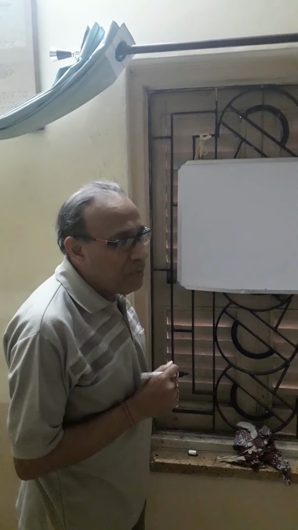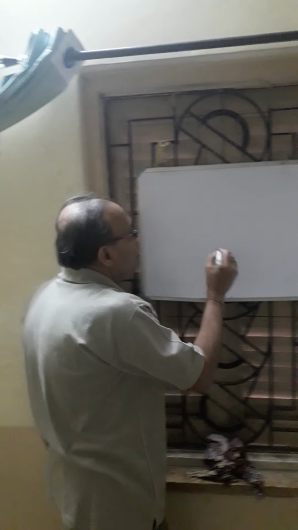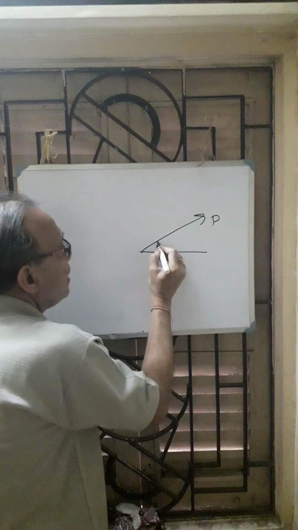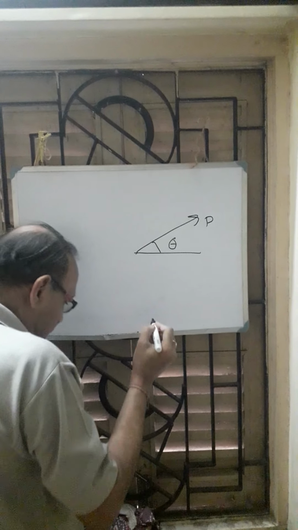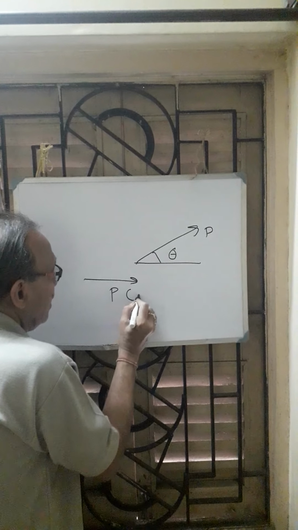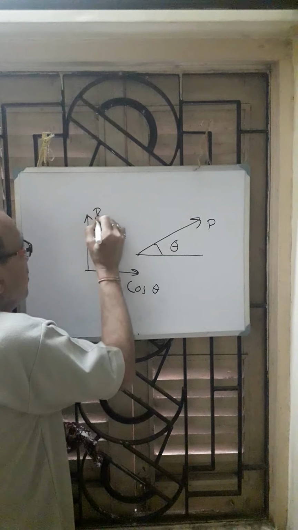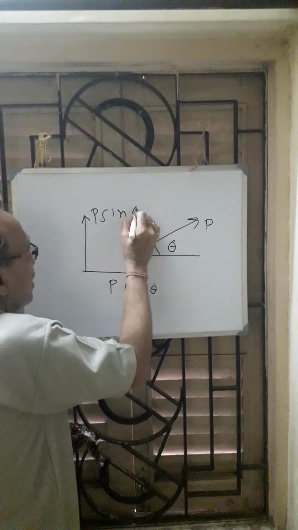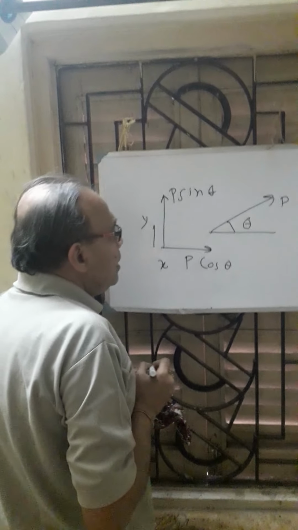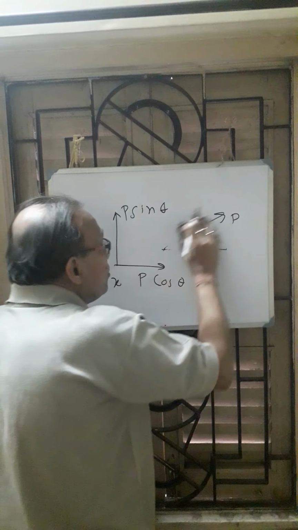Before doing it, we must understand two very important things of class 12. One is, if there is a force P and it makes an angle theta with the x-axis, then along the x-axis the force is P cos theta, together with along the y-axis the force is P sin theta. This is the x-axis and this is the y-axis. You may also say, if it is arbitrarily oriented, that is always possible.